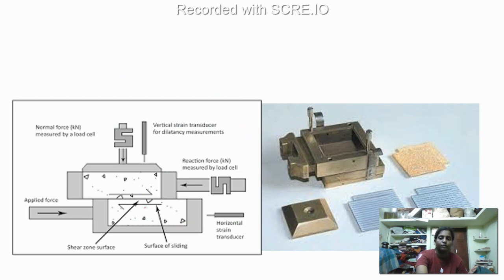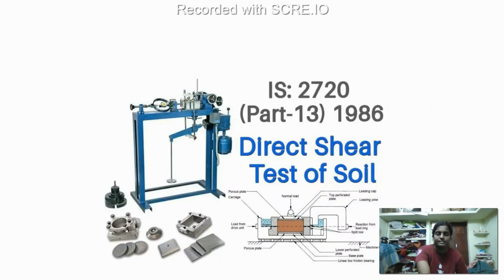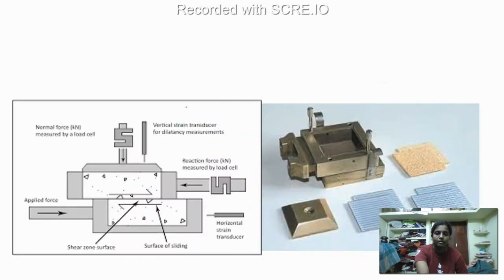Okay, so what we are going to do in direct shear test, you are going to fill this box, put the screw, and you are going to fill this box with the sand in 3 layers at the required density at which you are aiming to conduct the test. Then you are going to place it in the machine, in the setup, and you are going to apply load.